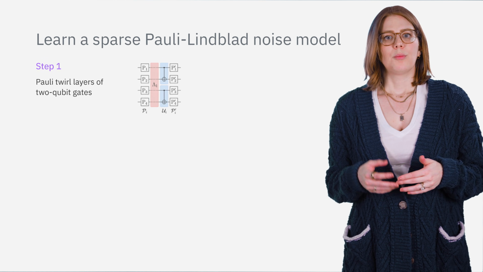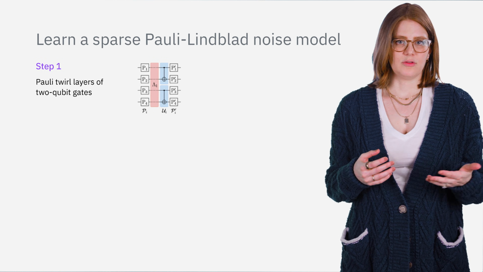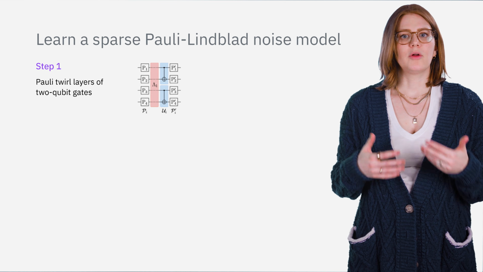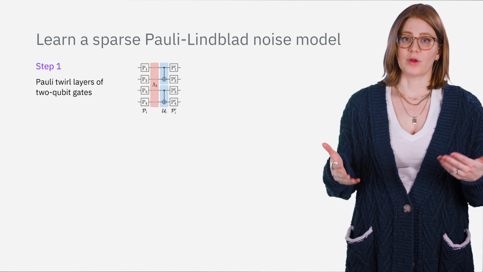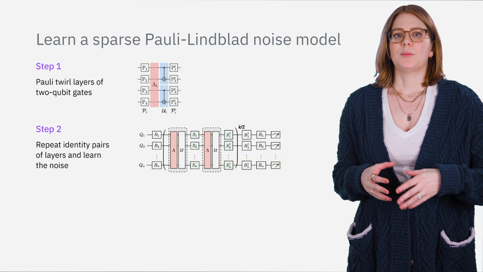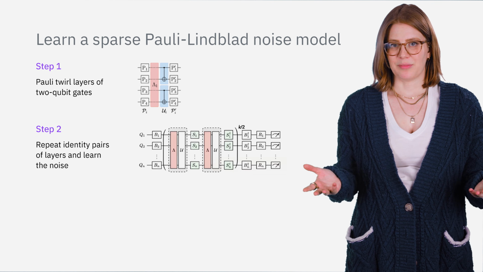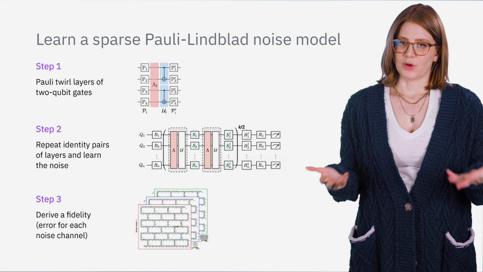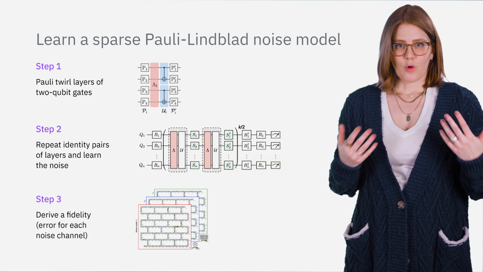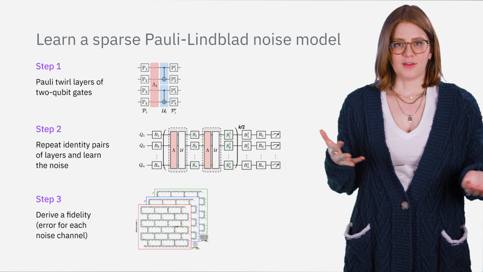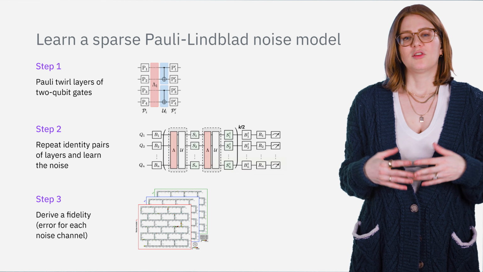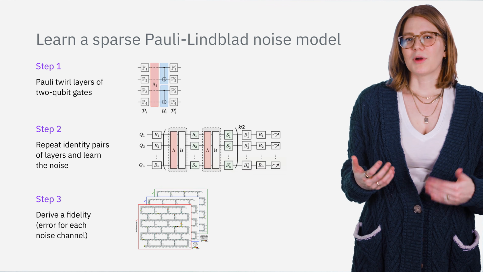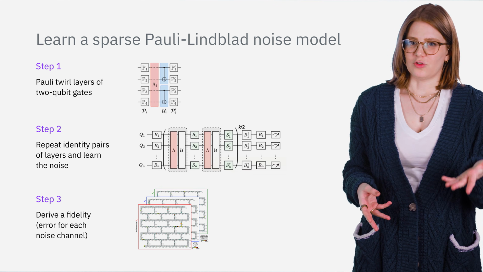For each layer, Pauli twirl the 2-qubit gates to ensure that the noise is well described by a damping noise model. Repeat identity pairs of layers at varying depth, and finally, fit the fidelity, or an error, for each noise channel. And of course, while I recommend understanding this method to some extent, doing it by hand in Qiskit is much more simple, as is shown in the tutorial.